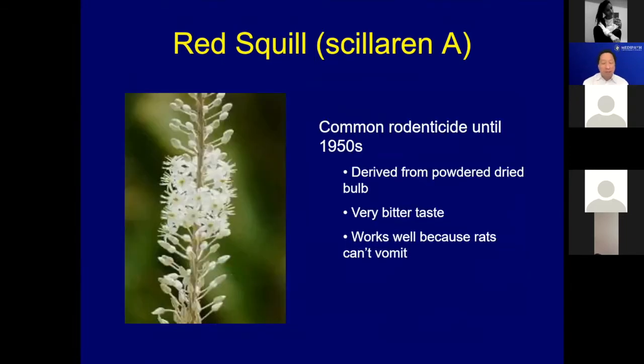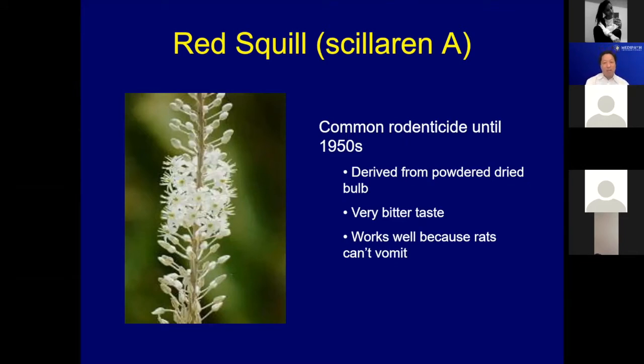And then back in the 50s, this is no longer used now, but this was a very popular rodenticide. If you kill a rat by poisoning with a different toxic agent, they would just vomit, but with this they would die of a cardiac death, and they don't really develop any resistance to it. The reason why this is so effective is because rats, or all rodents, are anatomically unable to vomit.